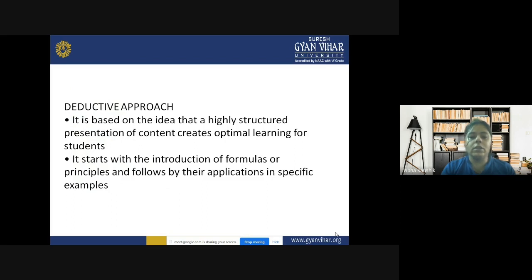It starts with the introduction of a formula: the teacher first introduces a formula or principle to the learners, followed by its application in specific examples. After that, the teacher gives some examples related to that formula.